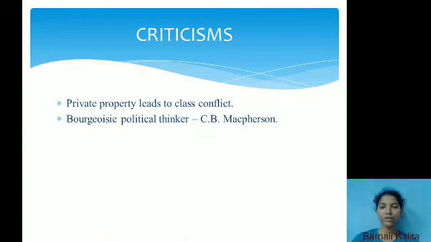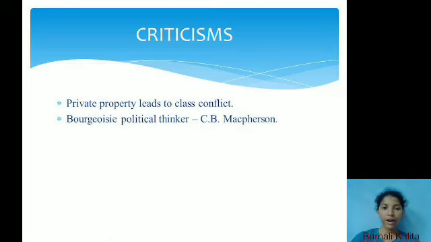And according to C.B. Macpherson, a class society will always protect the interests of the rich class. So, from this perspective, C.B. Macpherson has considered John Locke as a bourgeois political thinker.